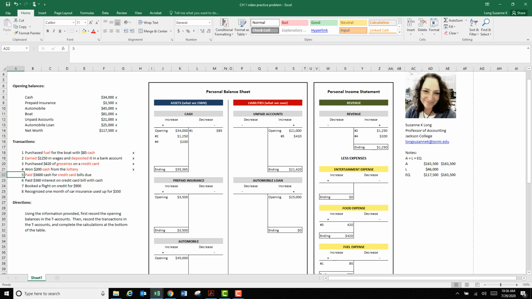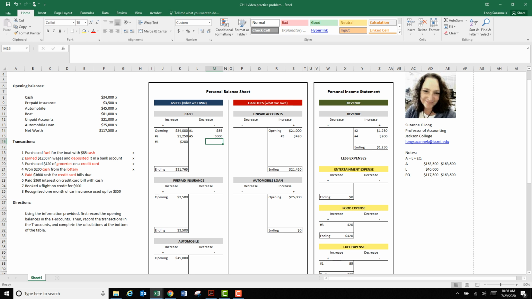So I just want to make sure it's clear. Paid cash, decreased cash. Decreased cash, paid cash. Why did we pay cash? We're paying towards our credit cards. We're paying towards this balance that's due.